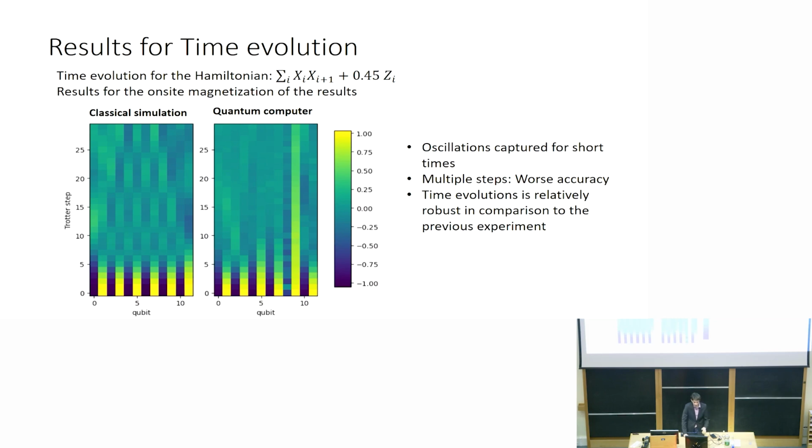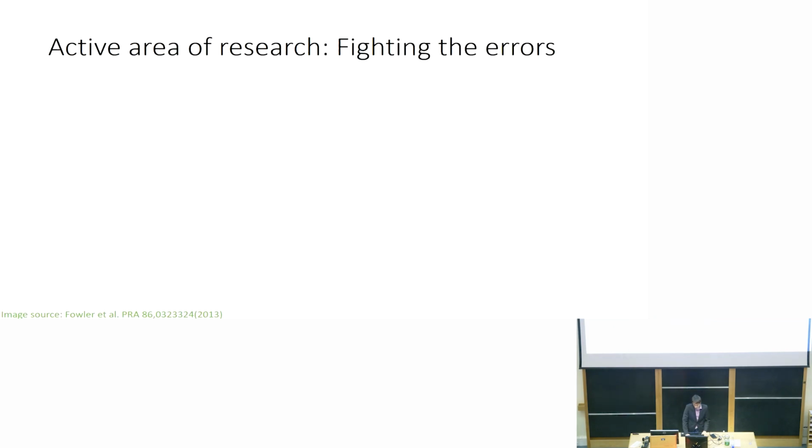Now, I showed you how well or badly the quantum computers perform, and as you have seen, you have lots of errors. So I want to briefly sketch at the end of my talk how to deal with them. One thing, and this is basically the path to go in the long term when you want to run more complex algorithms, as for example Shor's algorithm, is that you have to do quantum error correction.